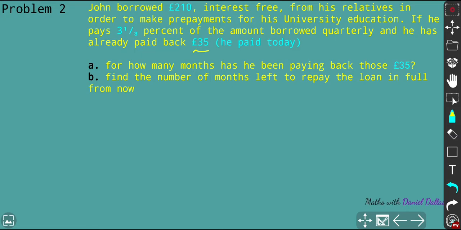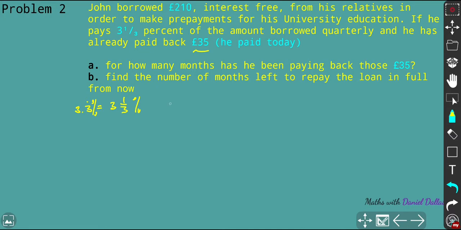Okay, he paid just recently, and we need to calculate from the start where he borrowed up to now. So what we can do is simply calculate 3 and 3 recurring, because that's 3 1/3 percent. Right now we need to calculate out of 210 pounds.